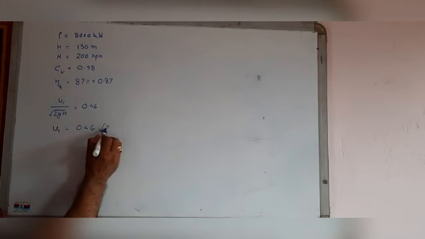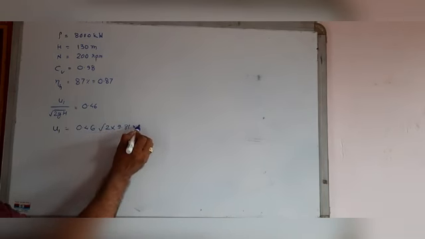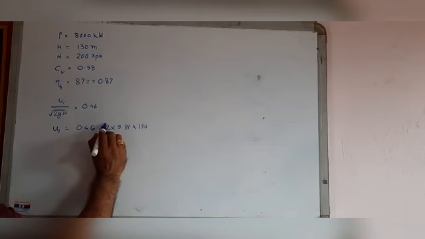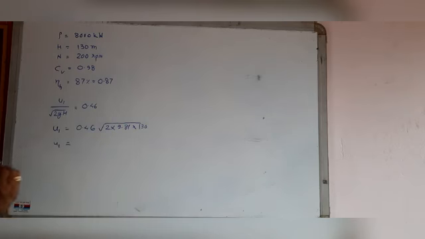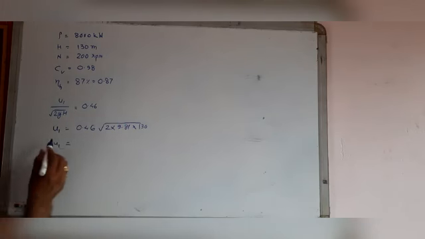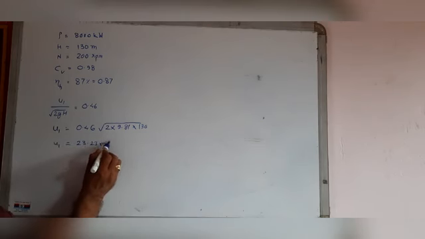0.46 speed ratio. So U1 equal to 0.46 root 2 into 9.81 into H, which is 130 meter. So the value of U1 comes 23.23 meter per second.